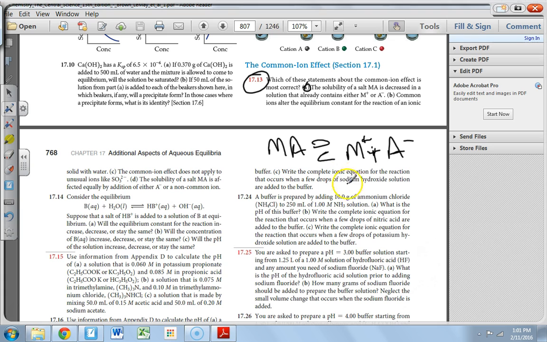The equilibrium is only dependent on the M, whatever the metal is, and the A, whatever the A is. So if you add something that's non-common with those parts, then that's not going to be it either. So the best answer here is choice A, and I hope that helps clarify some of the concepts.